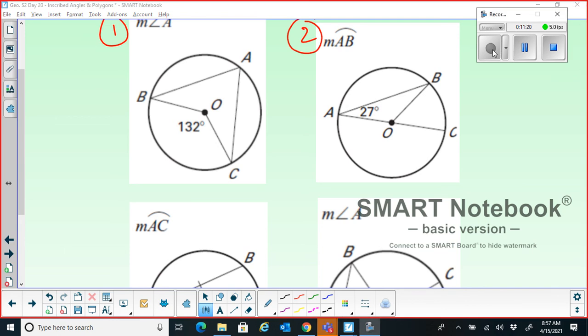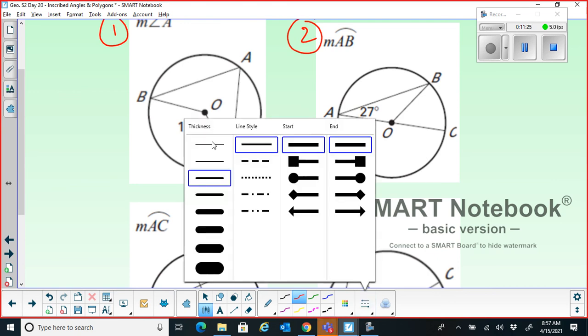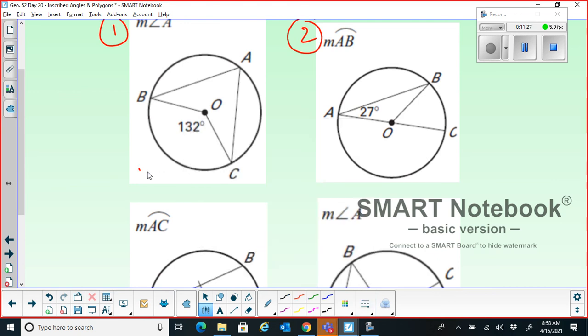Let's go over the solution of each of these. I'll give you a chance to work on the other two. This is 132 degrees. The measure of the central angle will be equal to the measure of arc BC. So this arc will be 132 degrees, as we studied in our previous class. Whatever the measure of the central angle is, that is the measure of the intercepted arc BC. And from the previous theorem that we saw, the inscribed angle is going to be half of this.